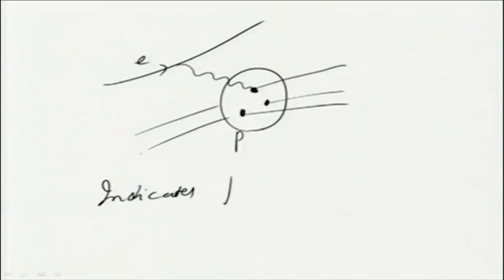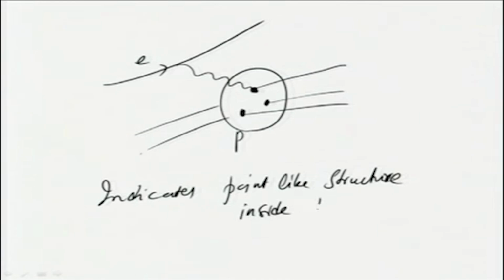This is seen by experiments, and therefore, we can infer that there are point like structures inside the proton.